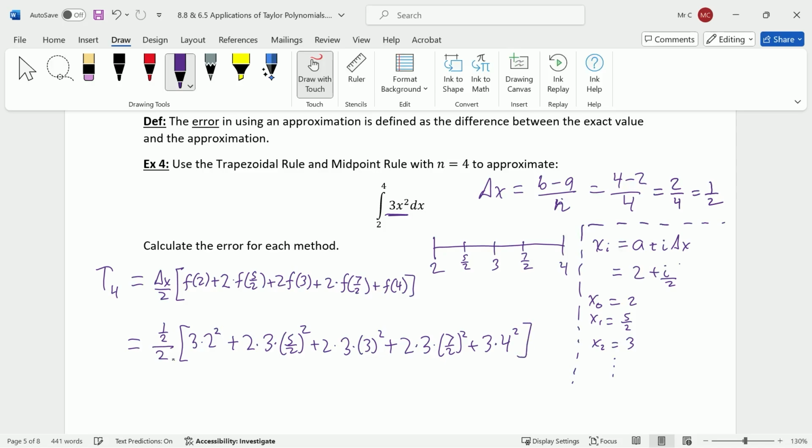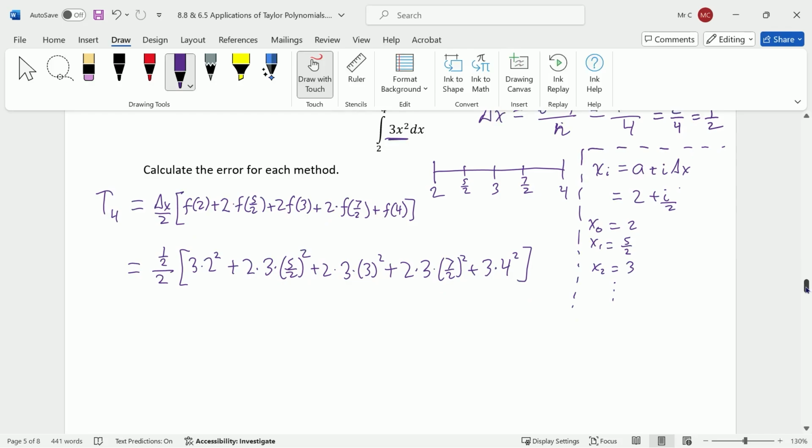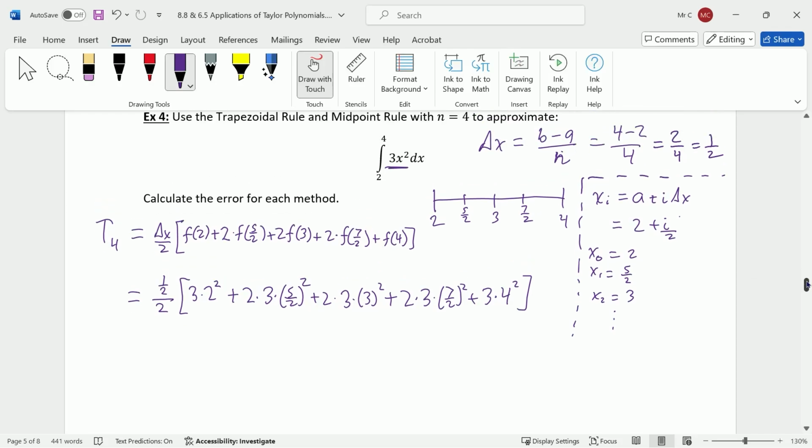So I also want to see this. As long as I've got all of this information and a final answer, I'm fine. If at this step a student wanted to plug all of this into a calculator and just spit out an answer right there, I'm totally okay with that. But I want to be able to see that they understand how these formulas are set up, how you apply these trapezoidal and midpoint rules.